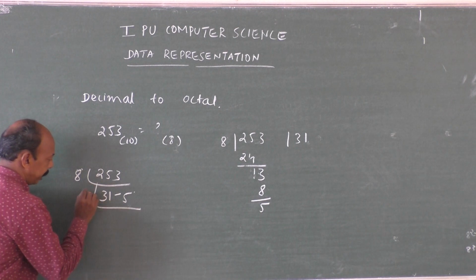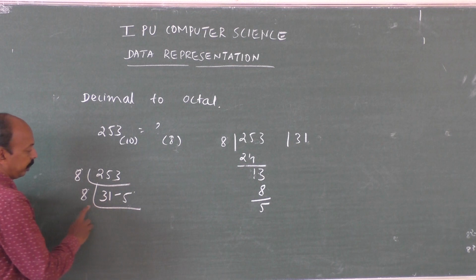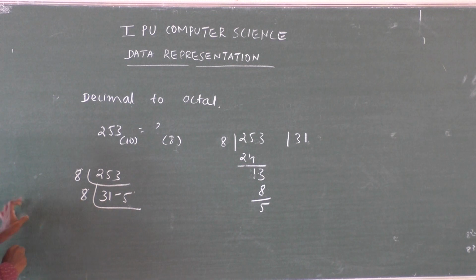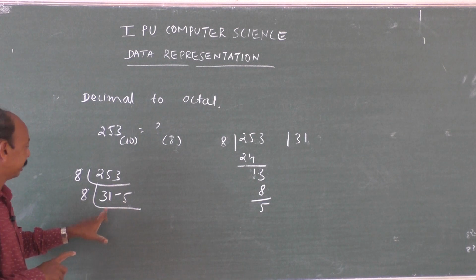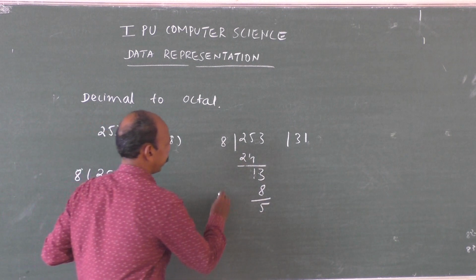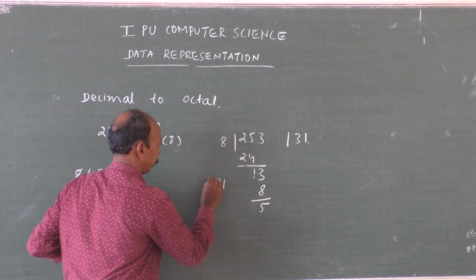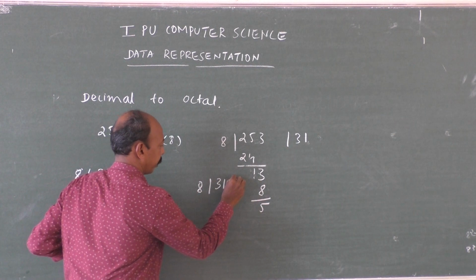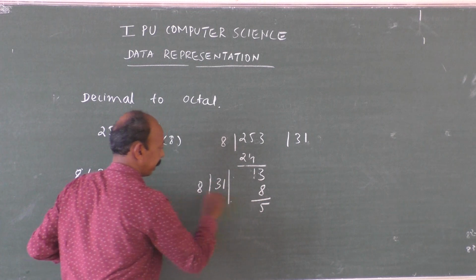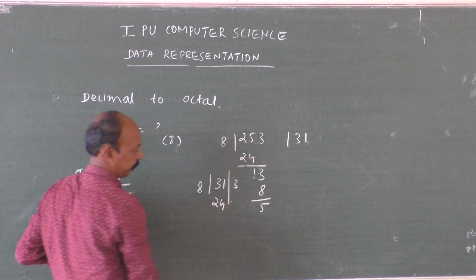Once again divide 31 by 8. How many times? 8 1s are 8, 8 2s are 16, 8 3s are 24, 8 4s are 32. But 32 is not there. So 8 3s are 24. So when we write, for example, 31 divided by 8, 8 3s are 24.